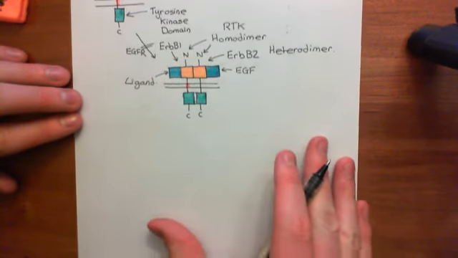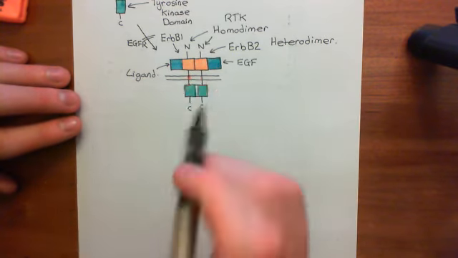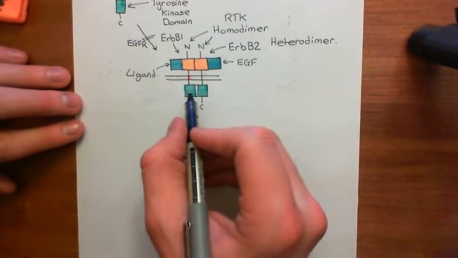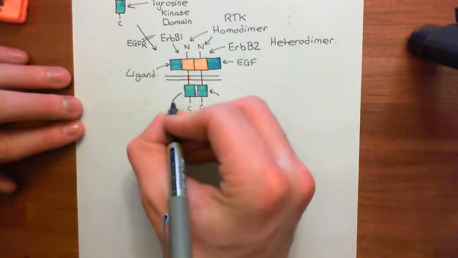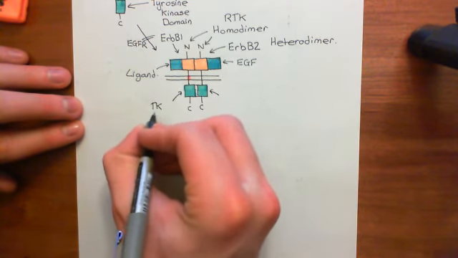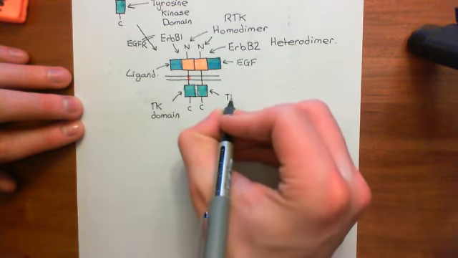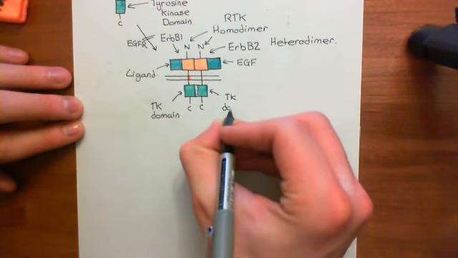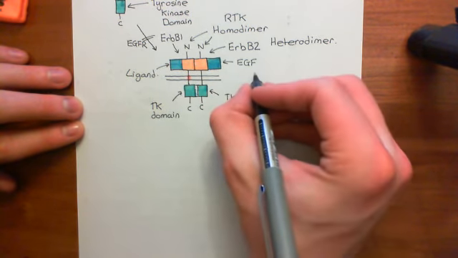So what then follows this dimerization is that these tyrosine kinase domains that we have here are now going to take part in a process known as transautophosphorylation, or merely just autophosphorylation. I'll write down this massive great word in a moment, after I've finished labeling up the two tyrosine kinase domains.